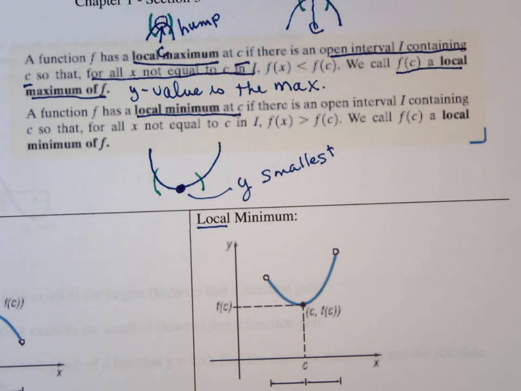Now, by the way, notice it uses the word local. The reason for that is that there can sometimes be more than one maximum. If I think about the valley, there is the highest point in the valley, whatever that happens to be. And that would be essentially your interval, the valley. But if I increase my interval to be the state of Arizona, is there something bigger than the humps we see in the valley?